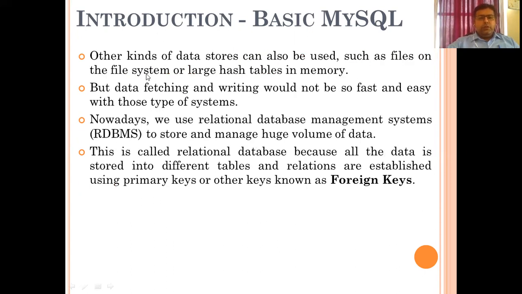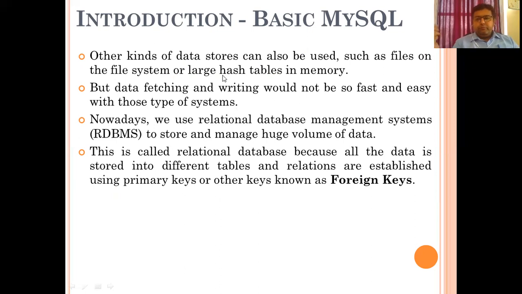Now it continues. Other kinds of data stores can also be used, such as files or the file system or large hash tables in memory. So other kinds of data stores means apart from the basic database files, such as the file system or the hash tables stored in memory, that can be used for database purposes. But data fetching and writing would not be so fast and easy with those types of systems.